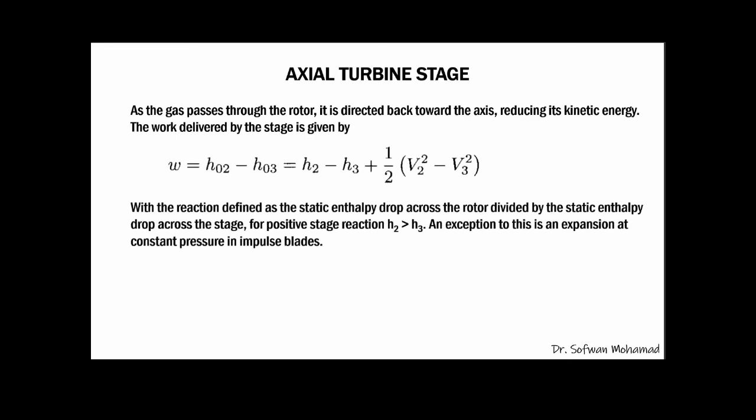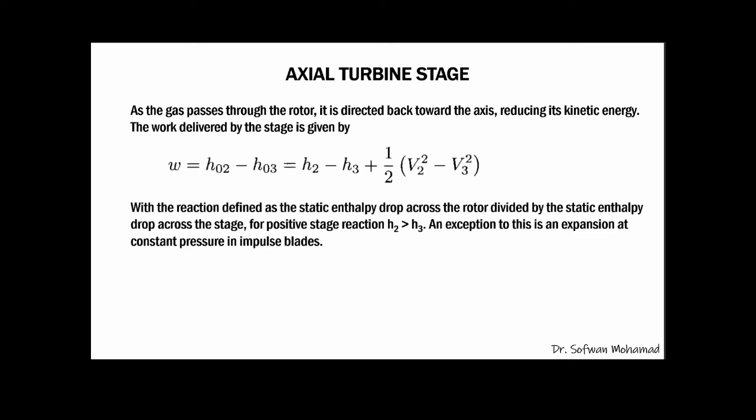With the reaction defined as the static enthalpy drop across the rotor divided by the static enthalpy drop across the stage, for positive stage reaction, H2 is greater than H3.